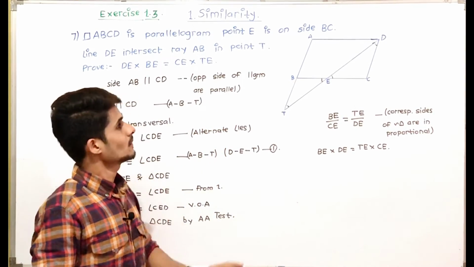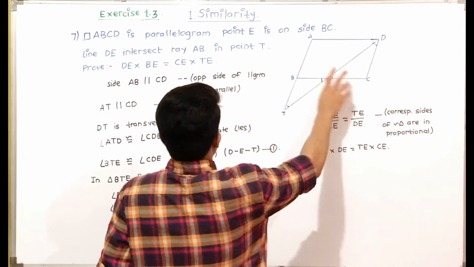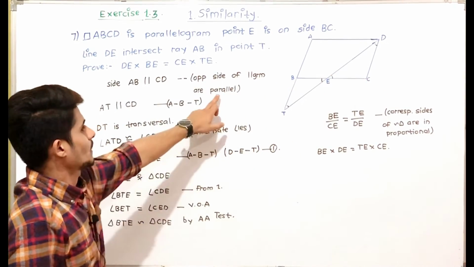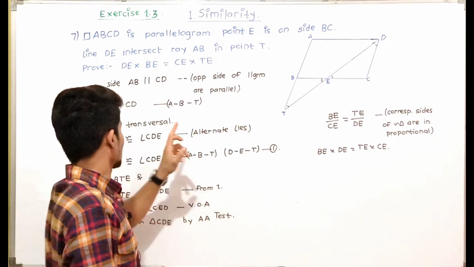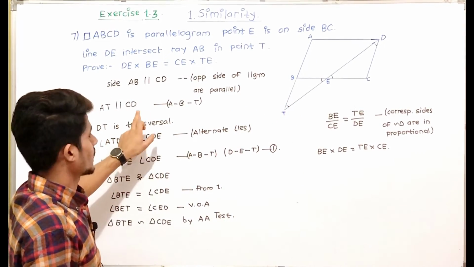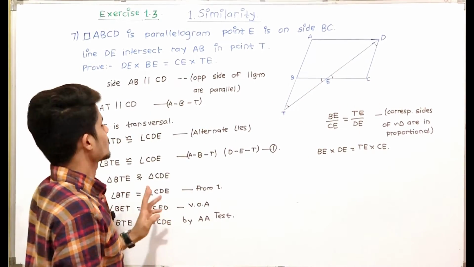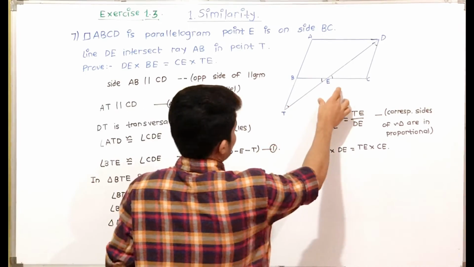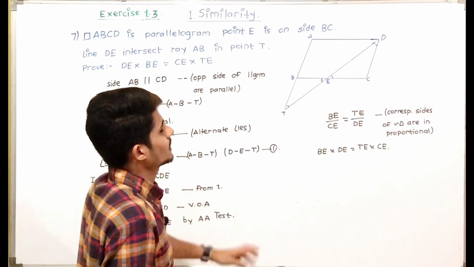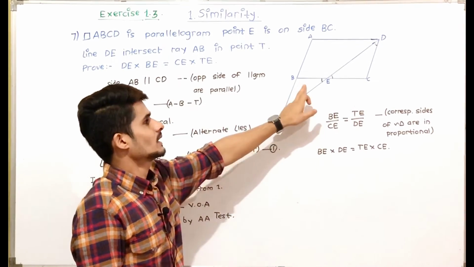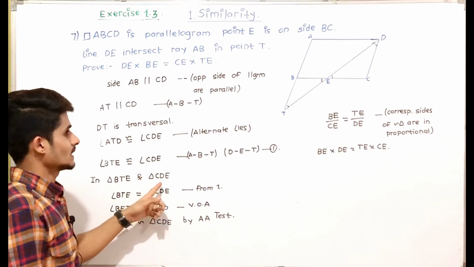So in this sum, we'll take AB parallel to CD, as opposite sides of a parallelogram are parallel. So instead of writing AB, we'll write AT parallel to CD. After that, we'll take transversal DT just like the previous sum, and then alternate angles will be equal. Then we'll take two triangles, triangle BTE and triangle CDE.